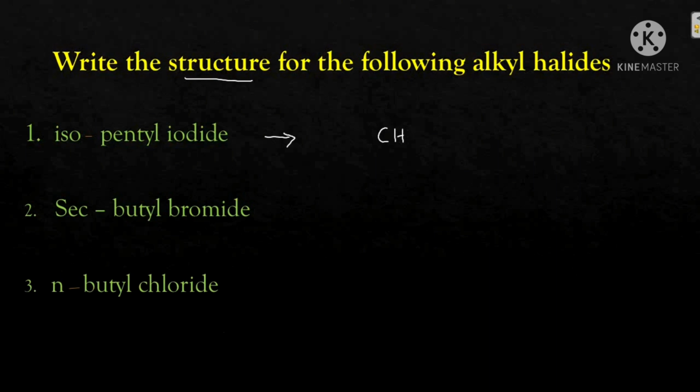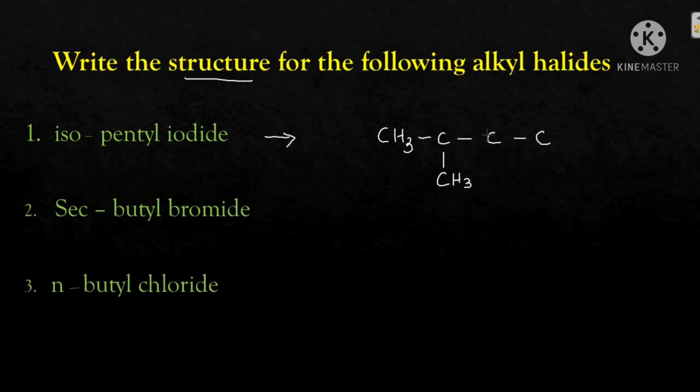So let us write the end carbon here. Next one is another carbon. To this carbon, one methyl group is attached. So this is iso. Now pentyl means there will be 5 carbon atoms totally. So 1, 2, 3. Now you should write 2 more carbon atoms. So we have given the skeleton now.